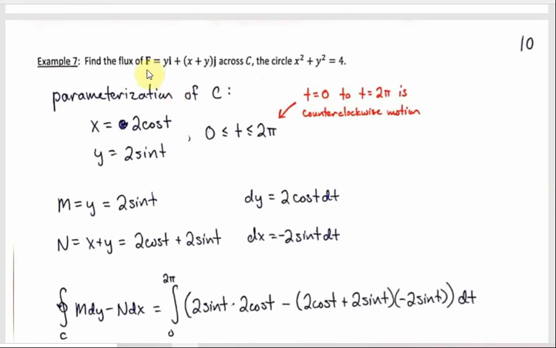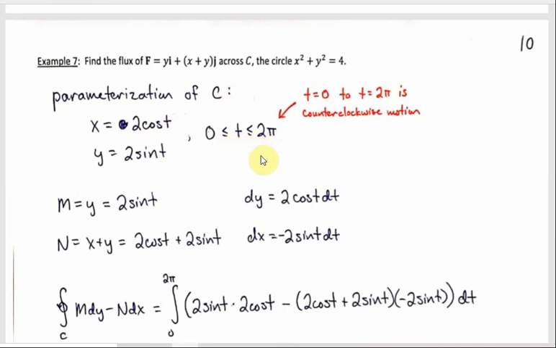We're going to find the flux of this F across C, where C is the circle of radius 2 centered at the origin. First things first, we have to parameterize C. Basically, you rewrite in polar coordinates: x is 2 cosine t, y is 2 sine t, and if t goes from 0 to 2 pi, that gets us all the way around.